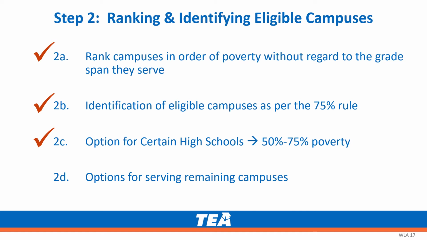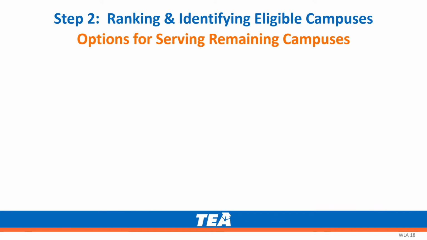After an LEA has ranked all of its campuses by percentage of poverty, identified campuses with a poverty percent above 75%, and has determined if high schools above 50% poverty will be served, if funds remain, the LEA has several other options for serving the remaining campuses. After an LEA has served all of its campuses with a poverty rate above 75%, if funds remain, the LEA may serve lower-ranked eligible campuses as per several other options.